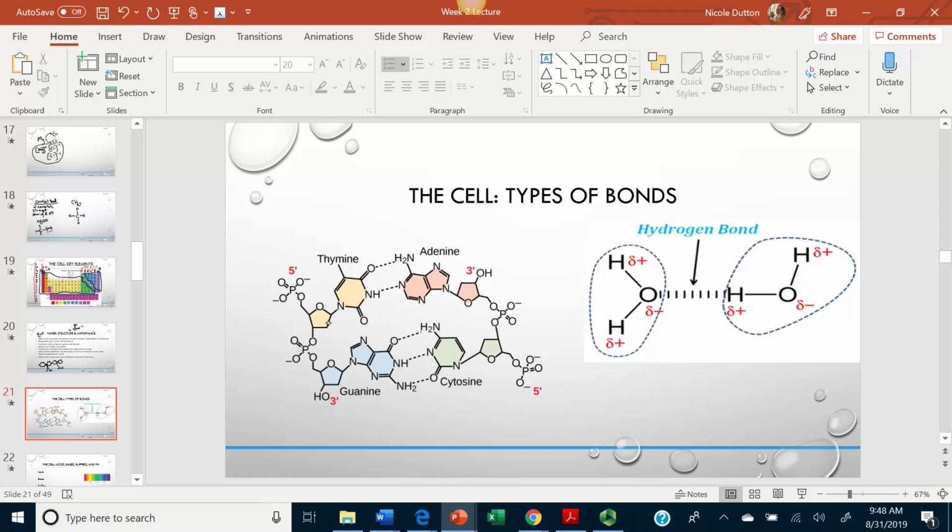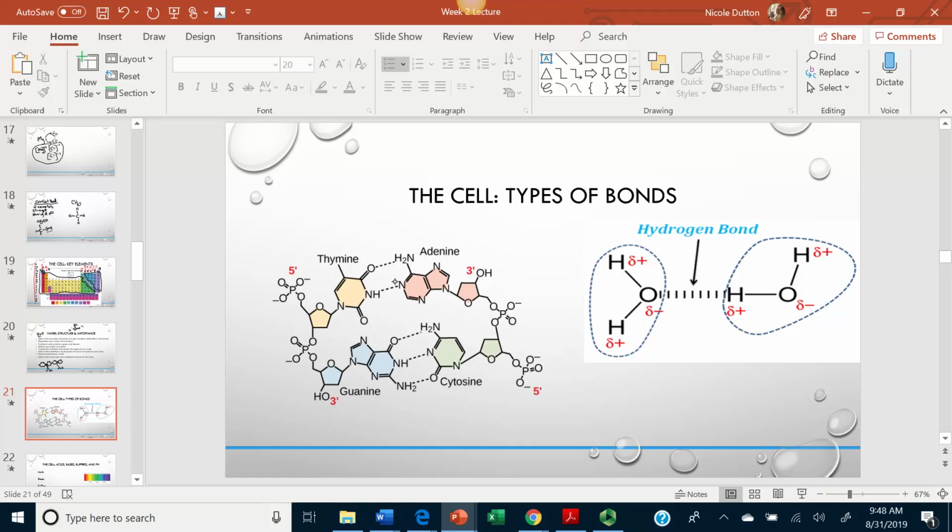We have the backbone of DNA, and we'll go into this structure a lot further in this class. But then we have the bases that line up in the middle. Thymine pairs with adenine, guanine pairs with cytosine. And what holds the double-stranded DNA together is hydrogen bonds.